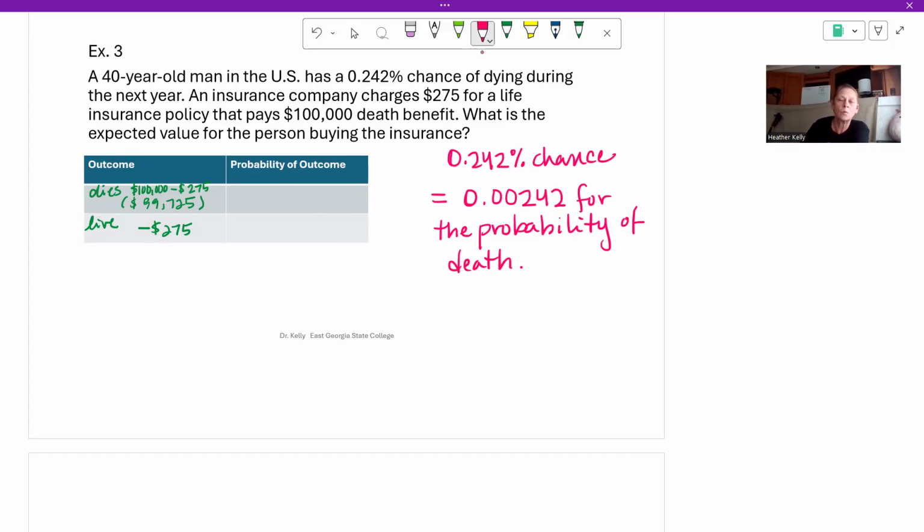Okay, so that is what this probability needs to be. Wasn't it nice? You didn't have to really compute it.